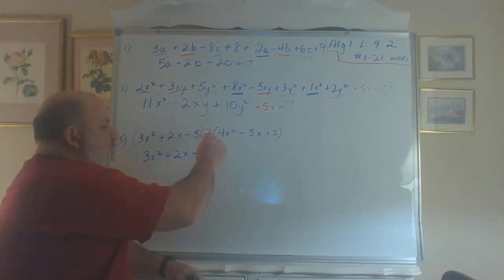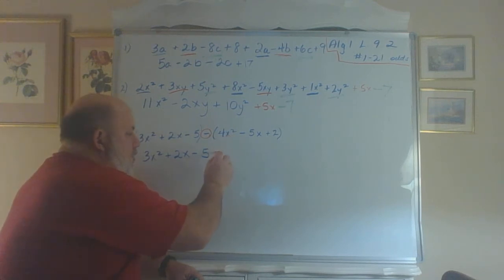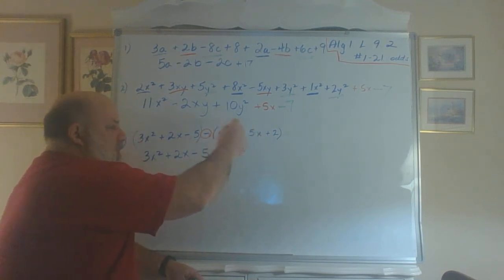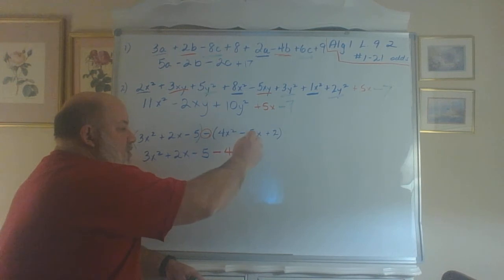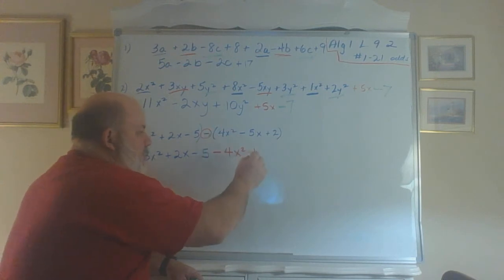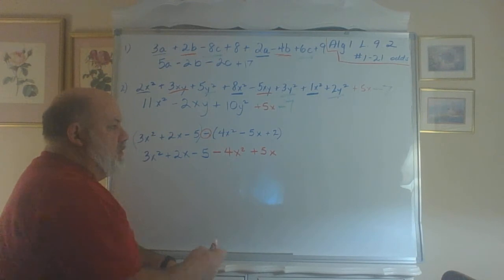Another way of thinking of it is this sign means the opposite of. This negative is going to make this positive 4x squared change to negative 4x squared. It changes everything inside. This 5x here is negative 5x. When I rewrite it, this negative changed it to a positive 5x.